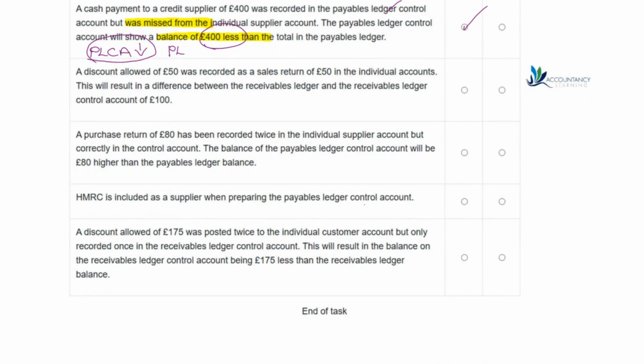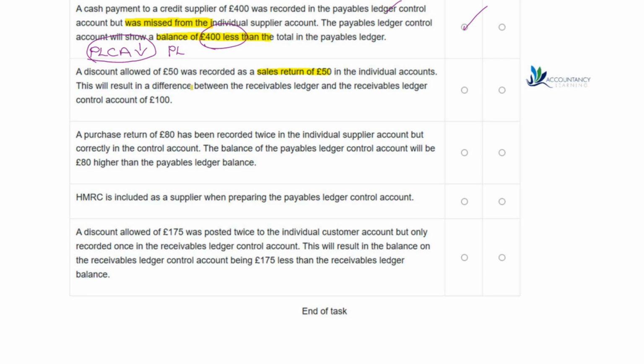A discount allowed of £50 was recorded as a sales return of £50 in the individual accounts. This will result in a difference between the receivables ledger and the control account. Discount allowed reduces the amount owed, and the sales return would also reduce the amount that we're owed.